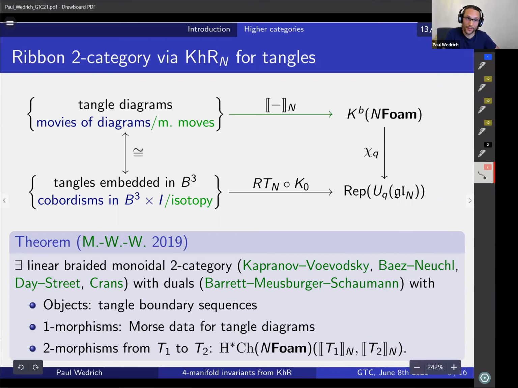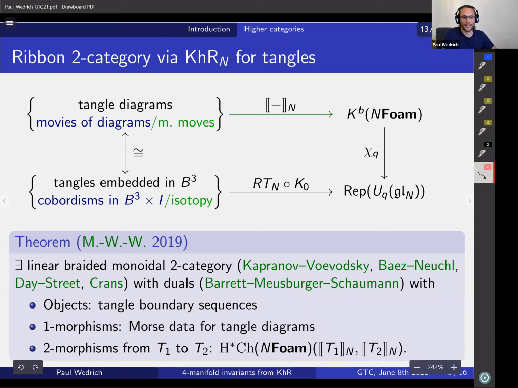Anyway, once you have this, you can assemble this data into what I would call a linear version of a braided monoidal 2-category with duals. Braided monoidal 2-categories have a long and complicated history, maybe starting with Kapranov and Voevodsky, and then iterating through different versions in papers of Baez-Neuchl, Street, Kramer and others.